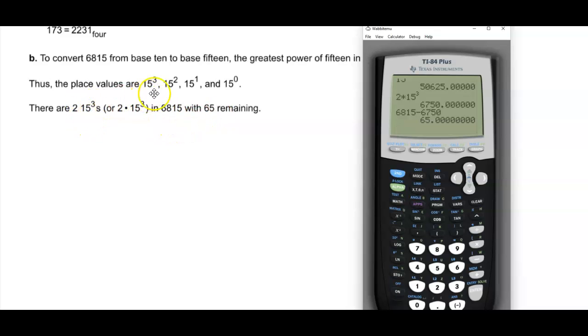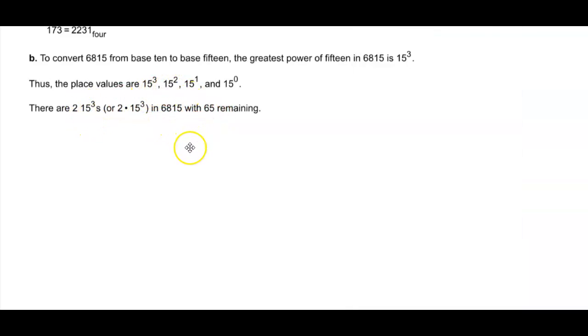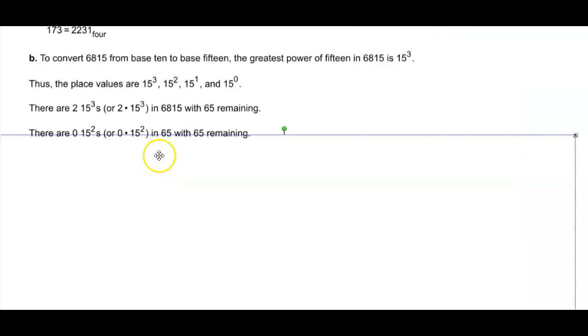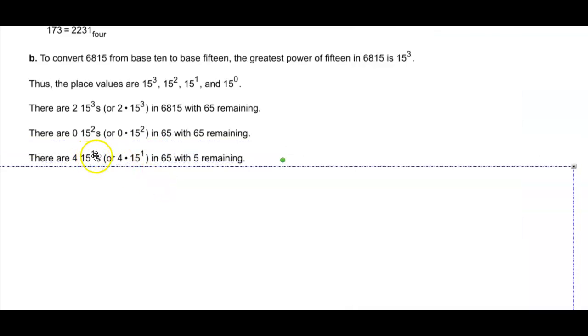Now we have to figure out how many 15 to the second power are in 65. Well, there are 0, because 15 to the second power is larger than 65. So 65 is still remaining, so we have 0 times 15 to the second power. Now how many 15s to the first power are in 65?